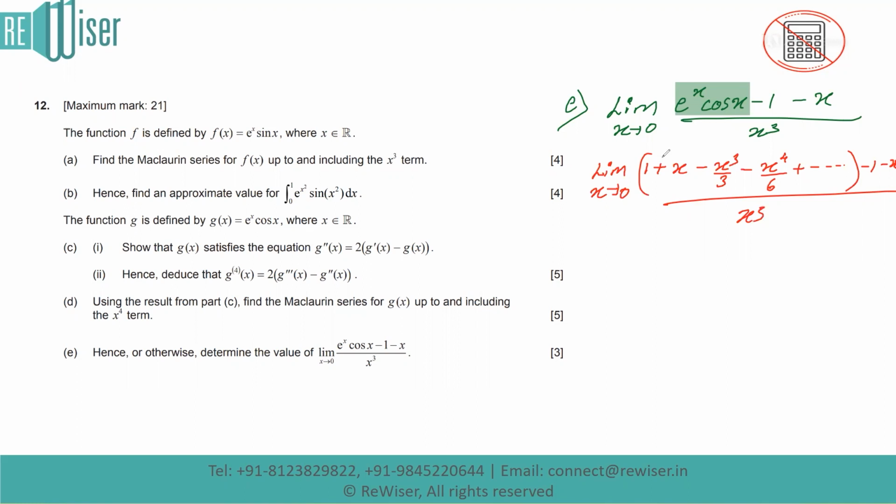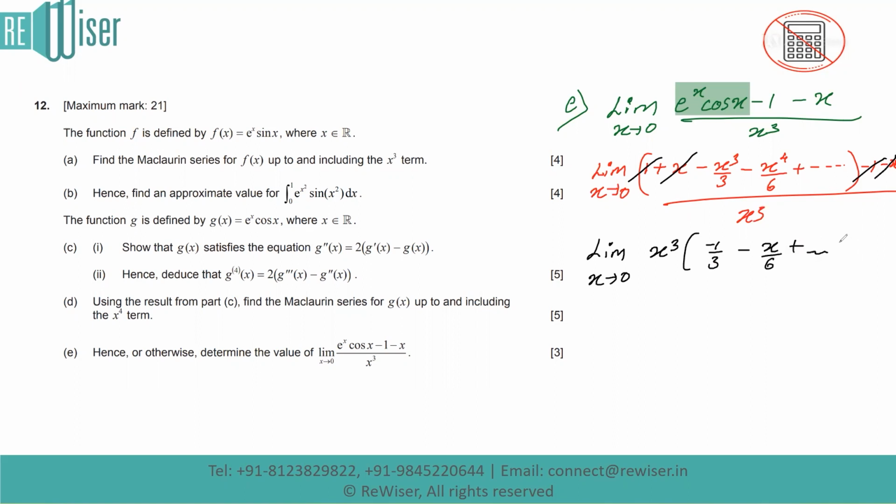Here we can clearly see that plus 1 and minus 1 get cancelled out, and plus x and minus x can also get cancelled out. But still, if I apply the limits, I'll be getting the form 0 by 0, which is an indeterminate form. So I will take x cubed common out in the numerator. When I do that, I'll be getting minus 1 over 3 minus x over 6.